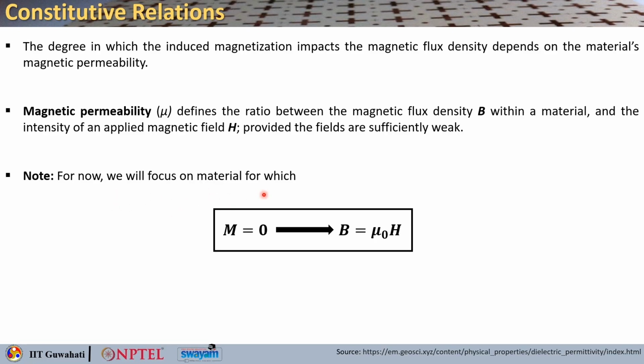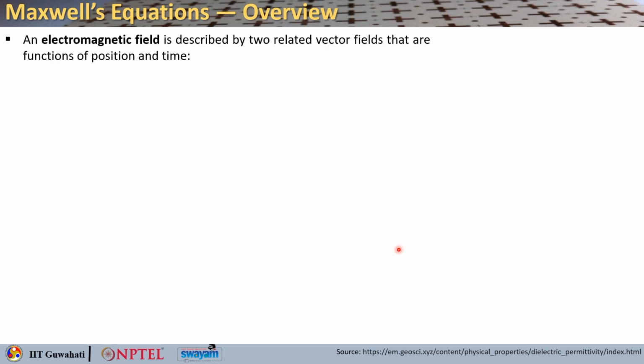For now we can only focus on materials which are not magnetic, so the magnetization is 0. In that case, you can simply write B equals mu naught H. Now, with that we understand the fundamentals required for Maxwell's equations, and let us go and describe these golden 4 equations that are vital in understanding the behavior of any electromagnetic wave.